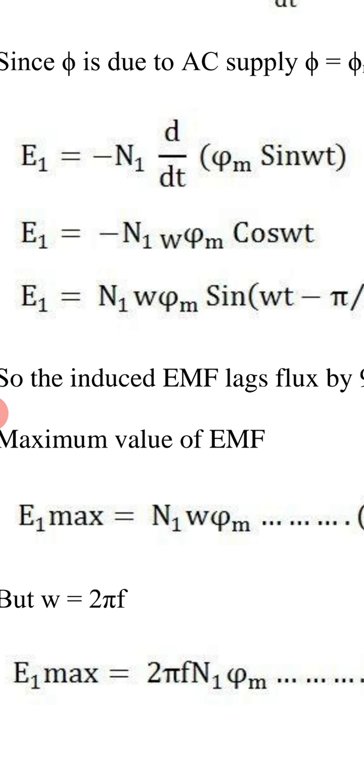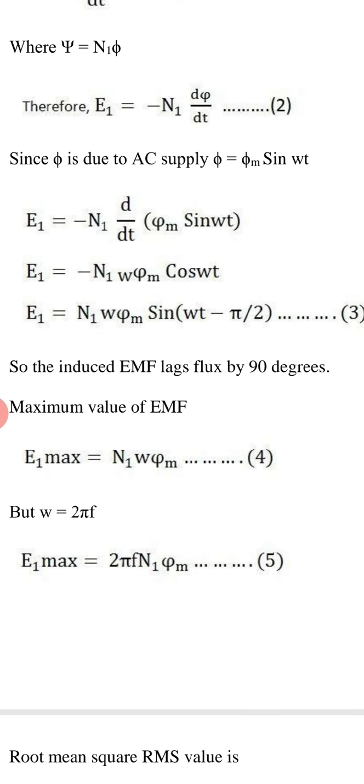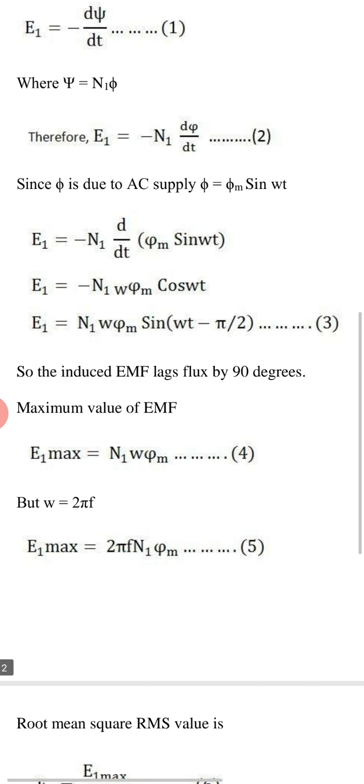By differentiating, we get equation number 3, which is E1 is equal to N1 omega phi m sin(omega t minus pi by 2).